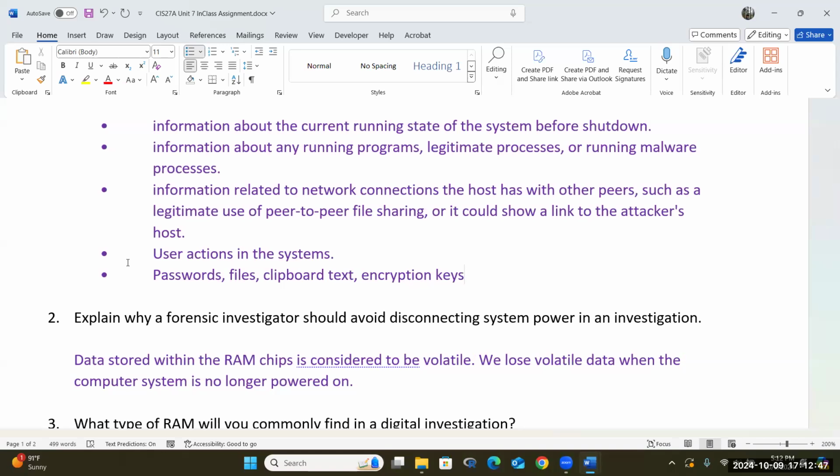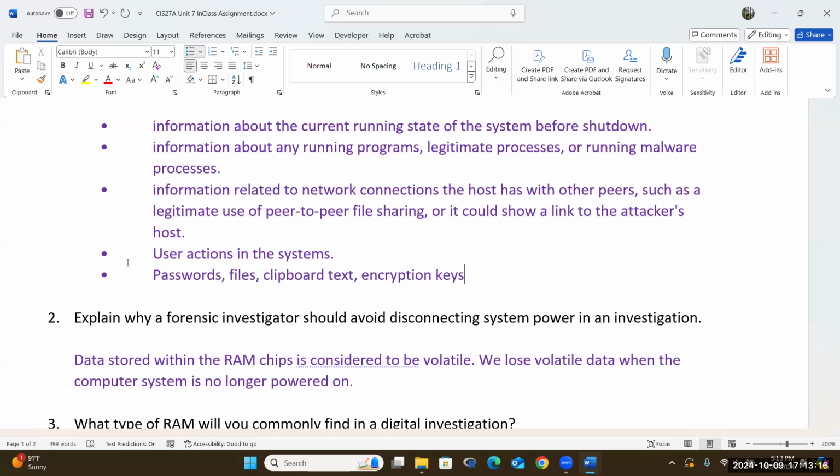So anytime that you work with devices, right, or components that require power, we do not shut that off. Okay? Before you shut it off, you need to be able to obtain its image, its storage, right? We want to capture the image of the system and be able to analyze the image.